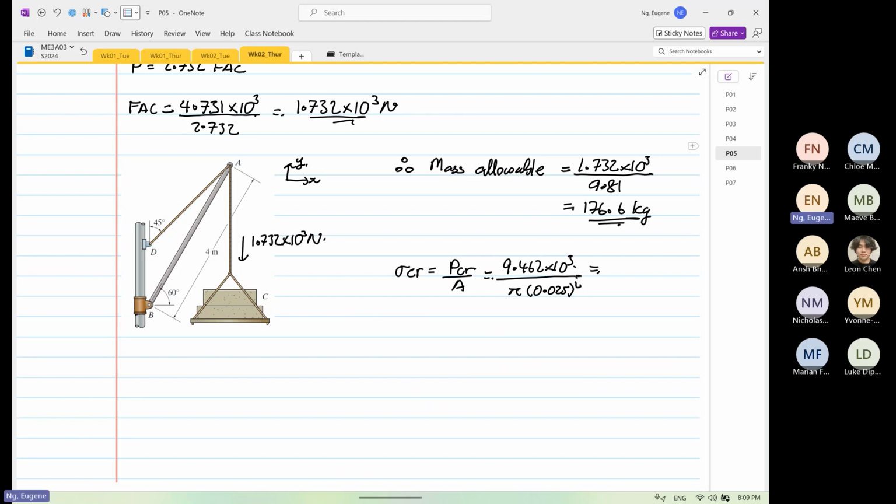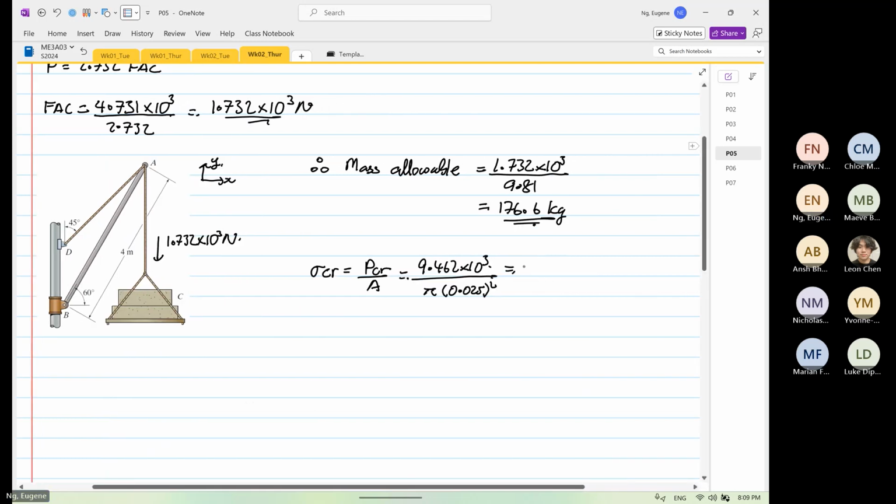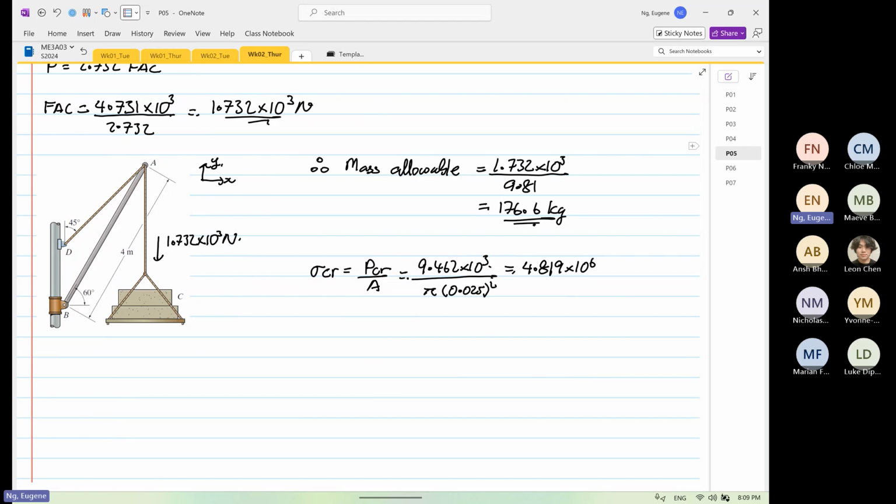That is equal to 4.819 times 10 to the power 6 Pascal in compression.